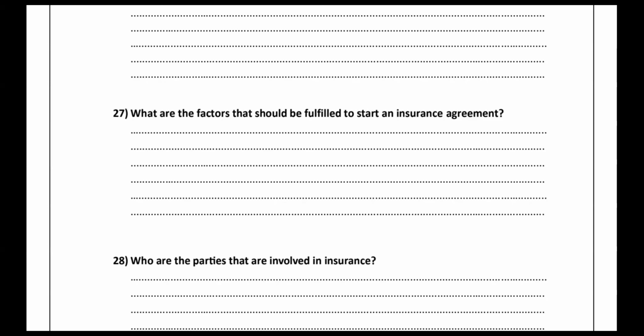Premium payment is made by whom? The first party. Who is the first party? The insured. The second party is the insurer, which is the company. What the company will pay is the compensation payment, so that will also be mentioned.